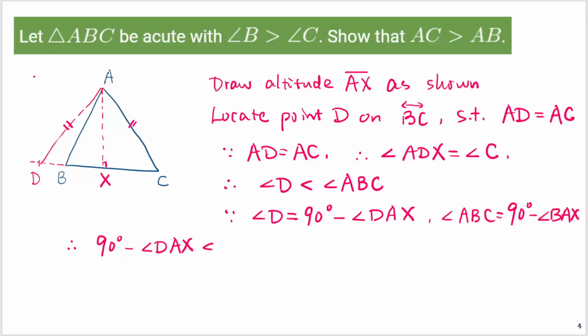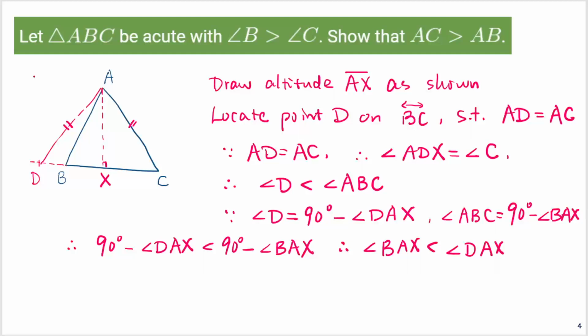Less than angle ABC, which is 90 degrees minus angle BAX. Therefore, we have proved angle BAX is smaller than angle DAX, right?